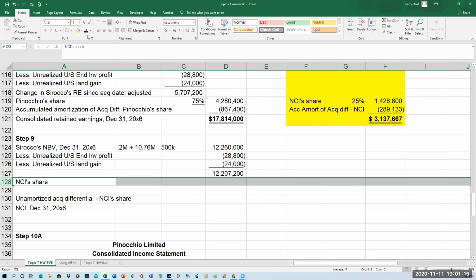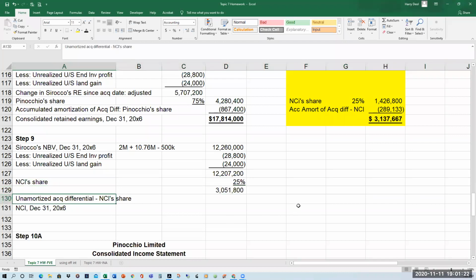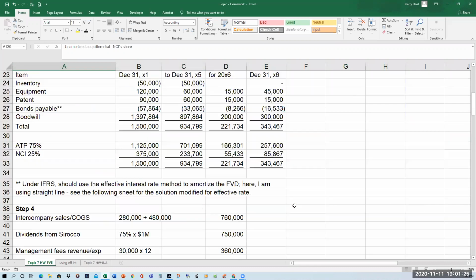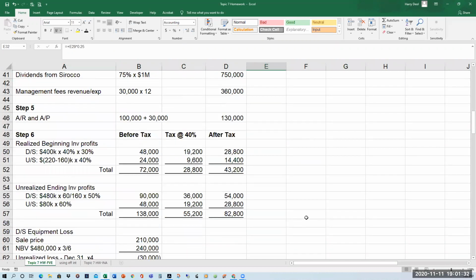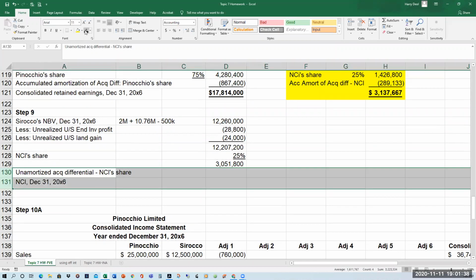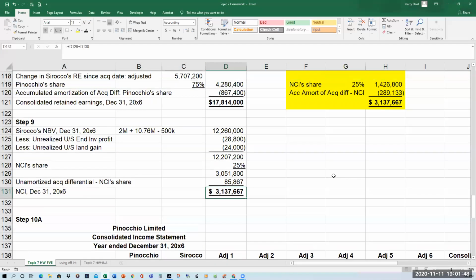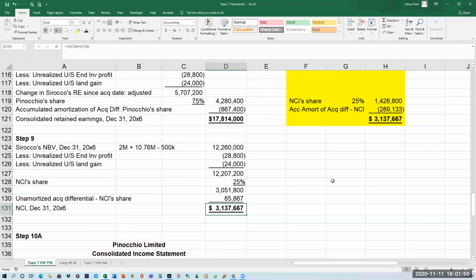Calculate non-controlling interest share, 25% of that amount, and then adjust for the unamortized acquisition differential, of which 85,867,000 belongs to non-controlling interest. So add 85,000 and change to the 3,051,800. You get NCI 3,137,667. So either way, the calculation is acceptable.